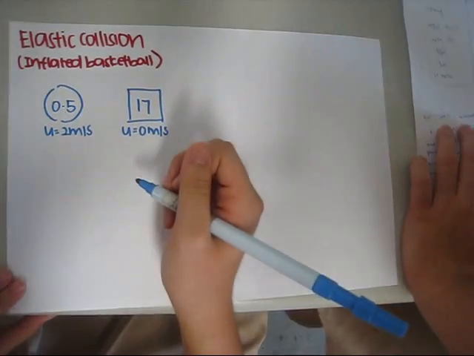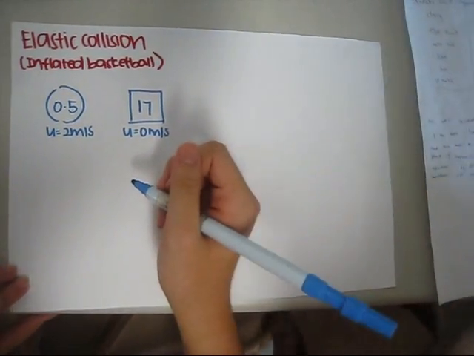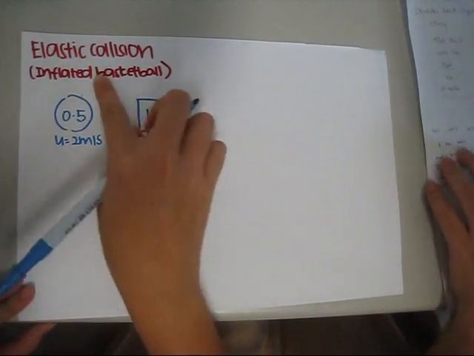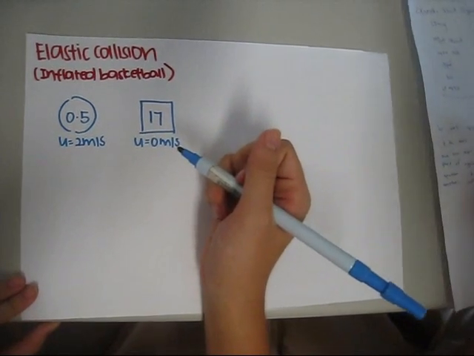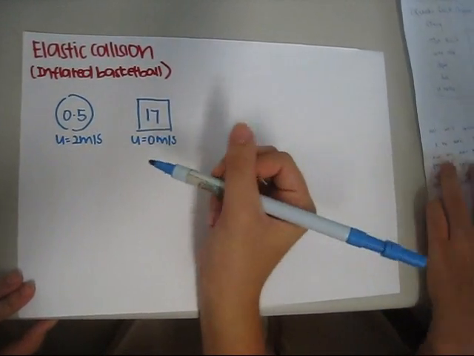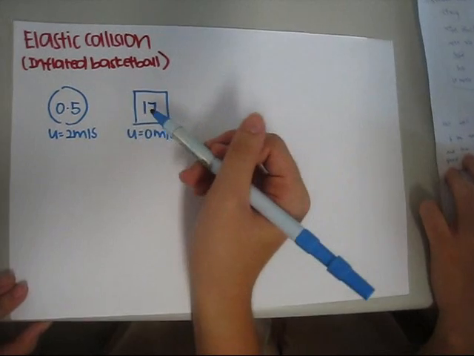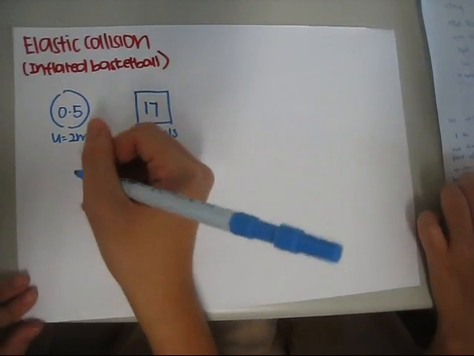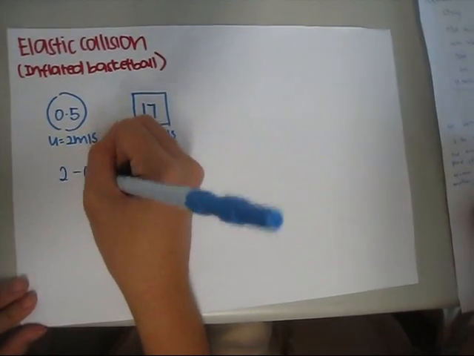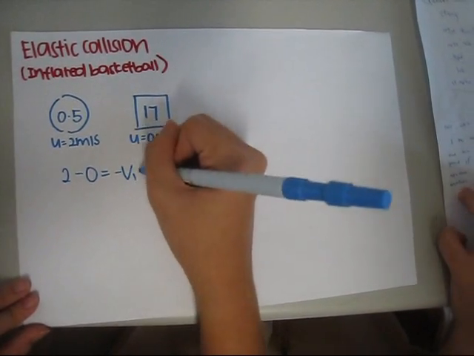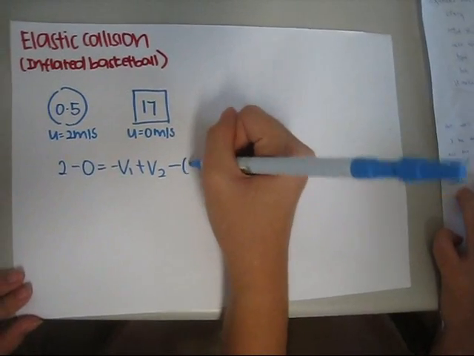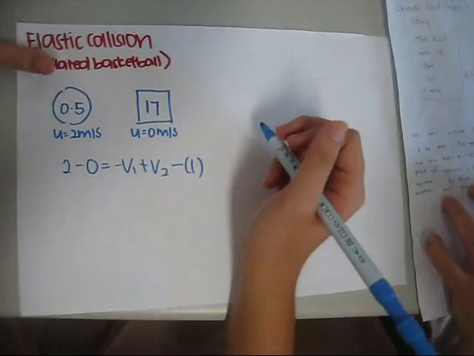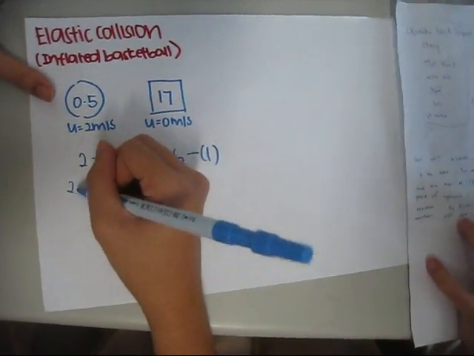We can use calculations to further support the result. First, we'll calculate the elastic collision between the inflated basketball and a door. The basketball is 0.5 kg, traveling at 2 meters per second, and the door is 70 kg and is stationary. By applying relative speed of approach equals to relative speed of separation, we'll get the following equation. By PCOM, we'll get another equation.